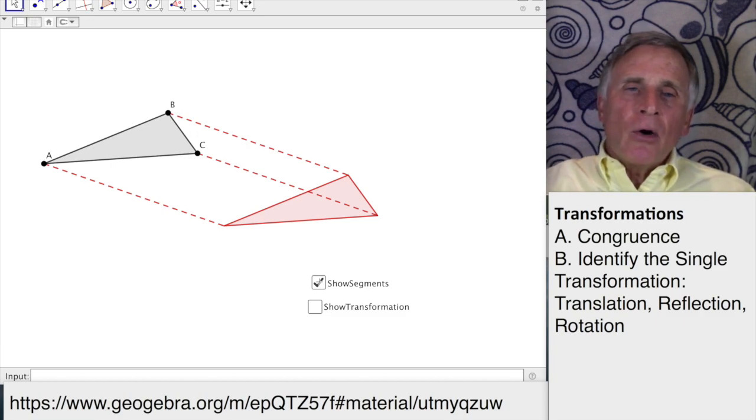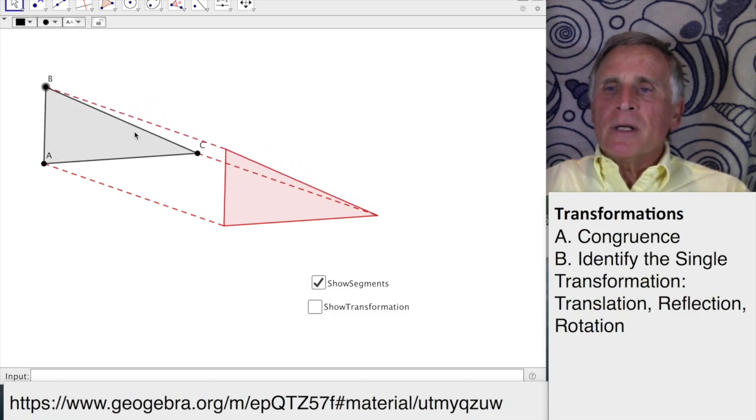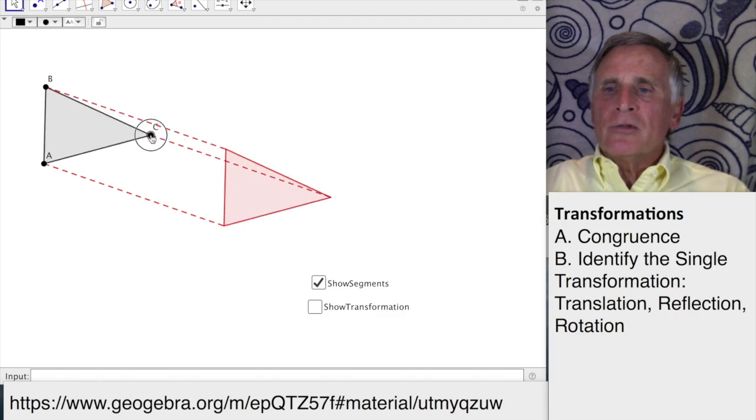One is that they are parallel. But that's not the only thing. We should notice that all of those segments are the same length. If we're not sure, I'll show this dynamically. All of these seem to be the same length.